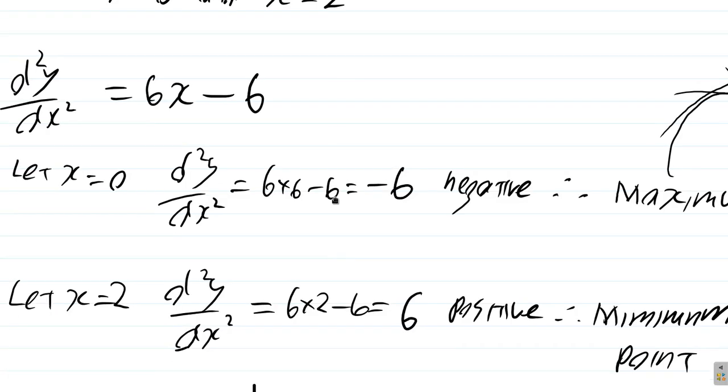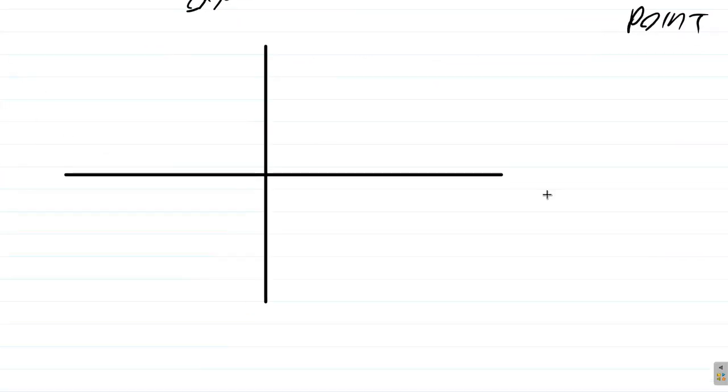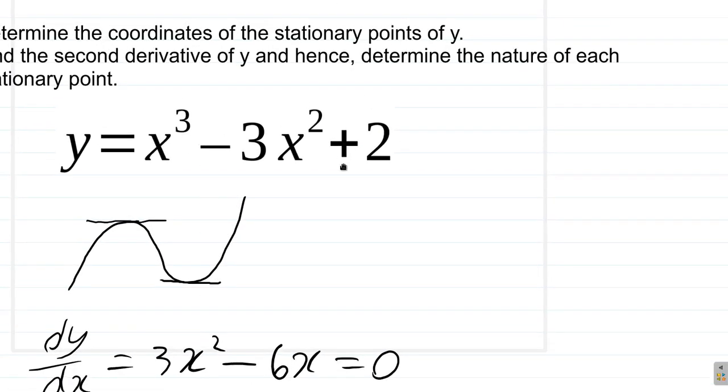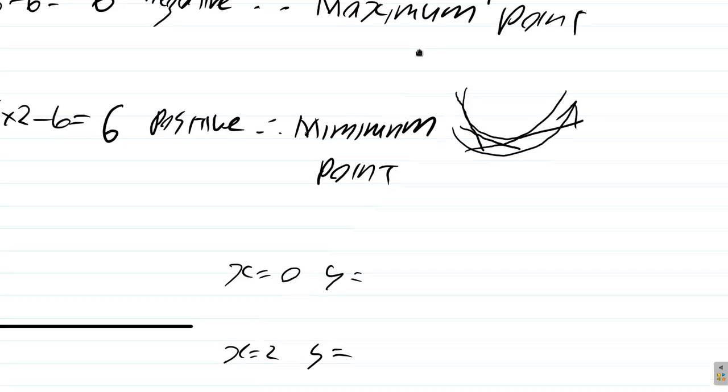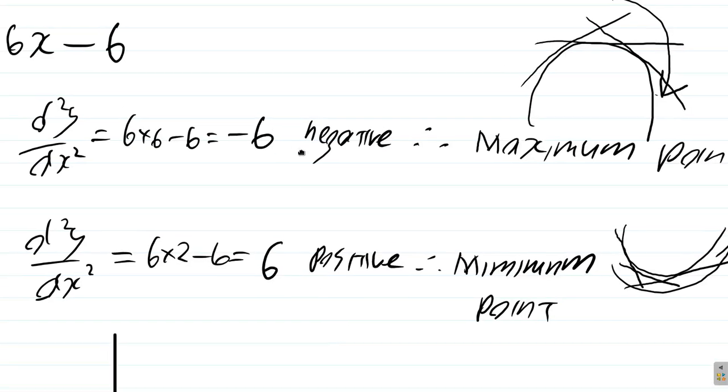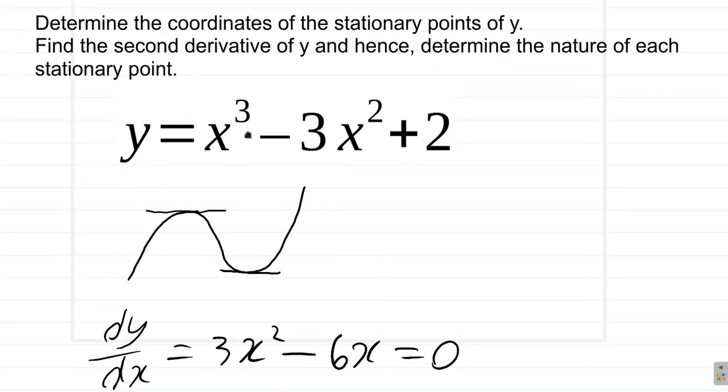When x equals 0, y would be 2. When x is 2, y would be 8 minus 2 times 2 squared, which is 4, 4 times 3 is 12, plus 2.